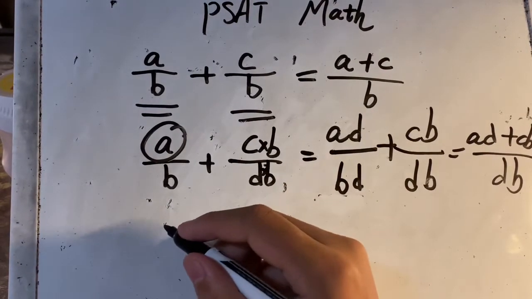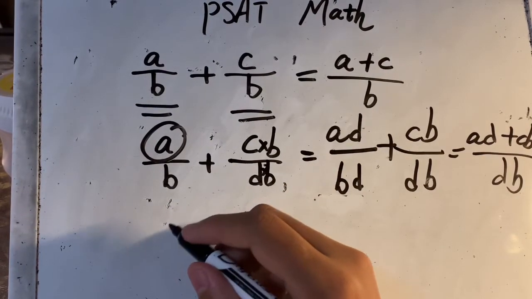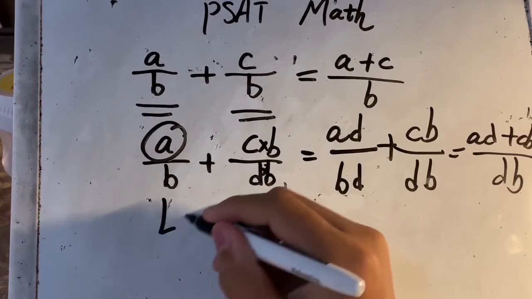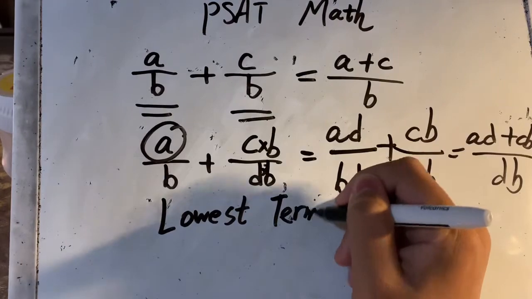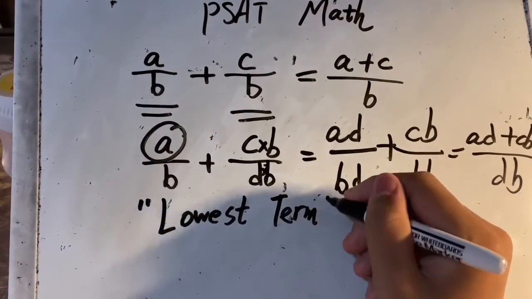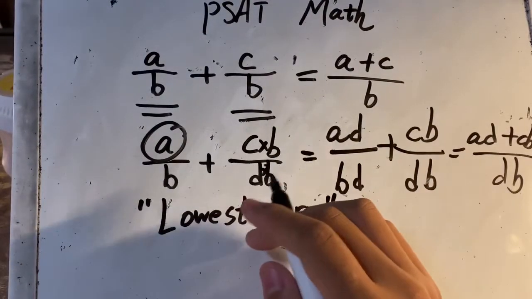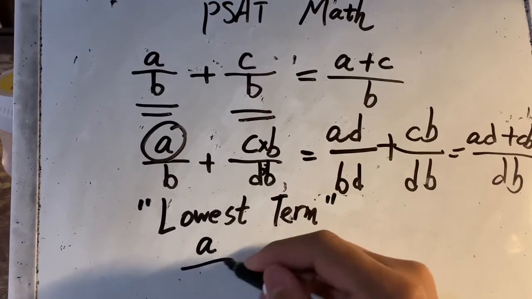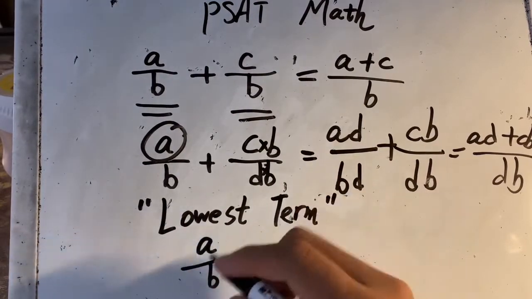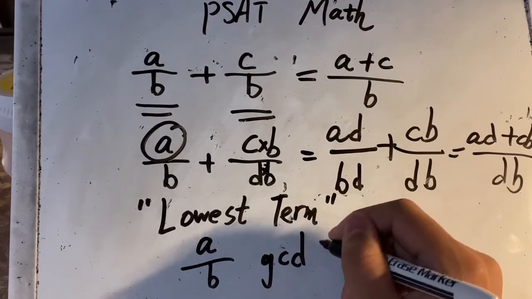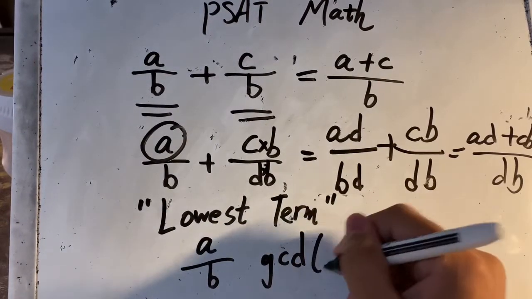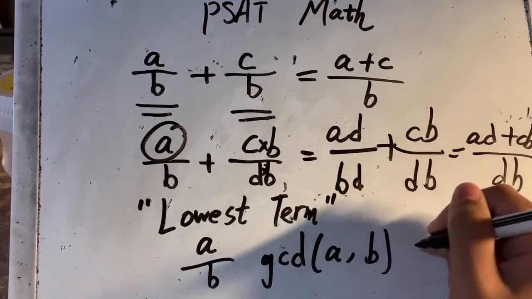And then we need to talk about an important concept: lowest term. Lowest term means that a over b cannot be reduced any further. This means that the greatest common divisor of A and B is 1.